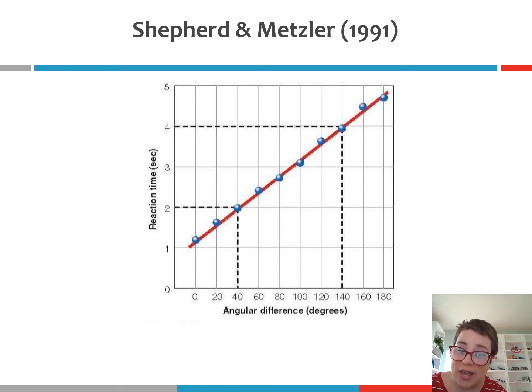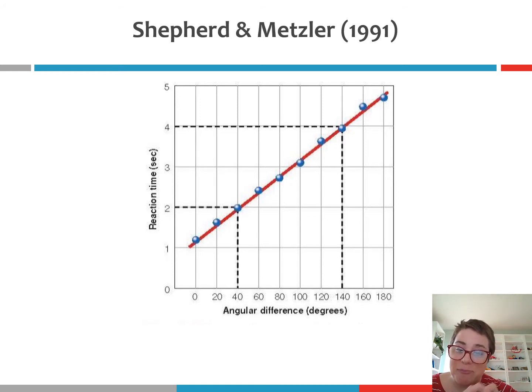So what does this suggest? Well, it suggests that the way participants are answering this question is they are projecting the object onto their mental blackboard, so to speak, just like you did when you solved that problem, 43 times 6. You visualized the numbers as you manipulated them. In this case, participants are holding the object in mind and attempting to rotate it.